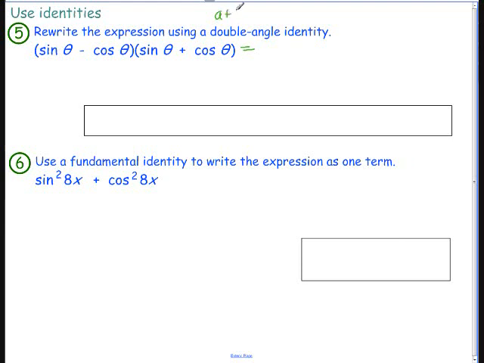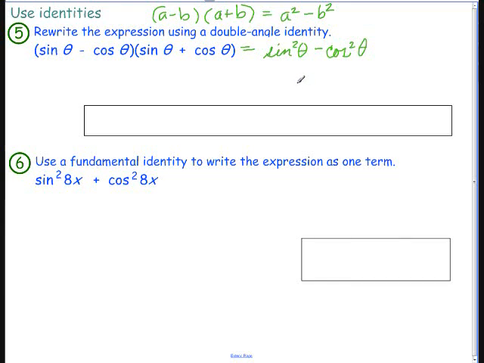A plus B times A minus B will always give you A square, your first one, minus B square. So my first one is sine, so it'll be sine squared minus cosine squared.